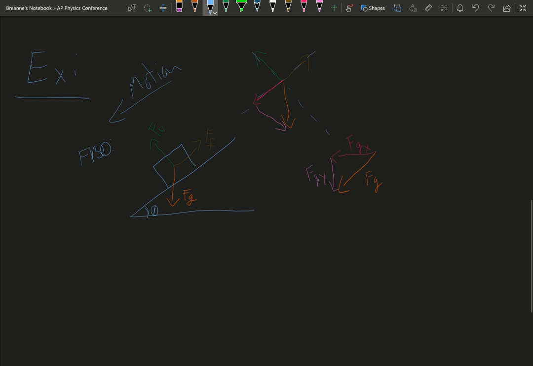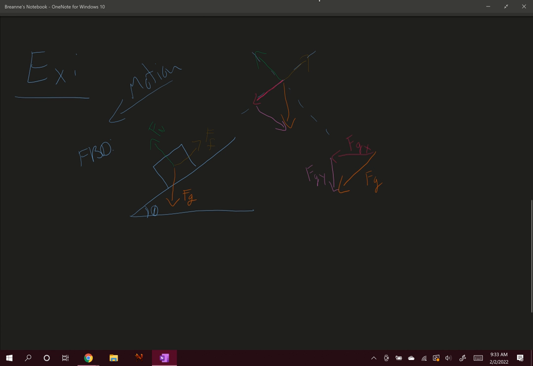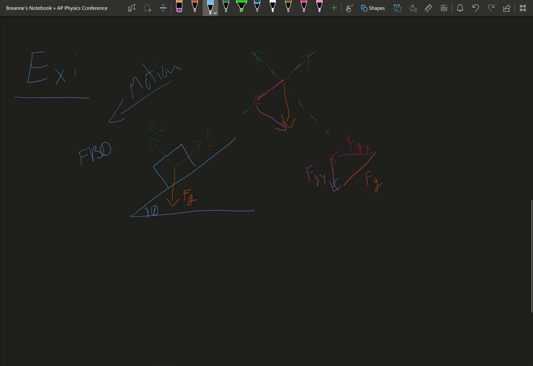So this theta and that theta are going to be the same. I can't remember the geometry rule off the top of my head, but just know that the bottom theta and this theta are going to be the same. This is actually going to end up being a 90-degree angle there.